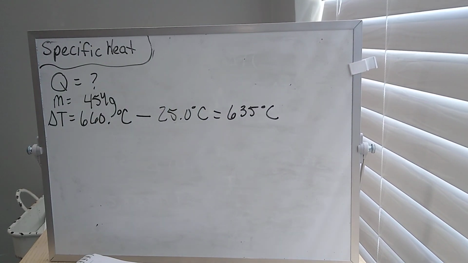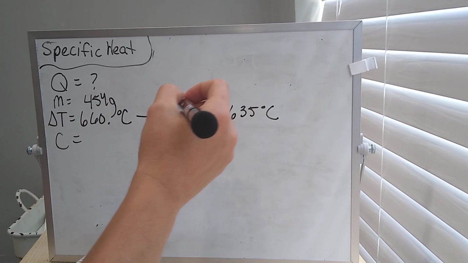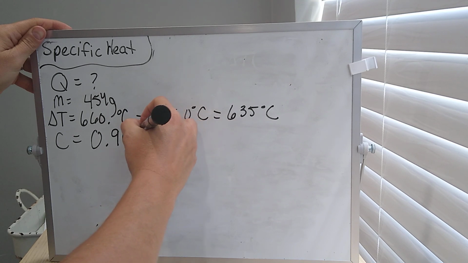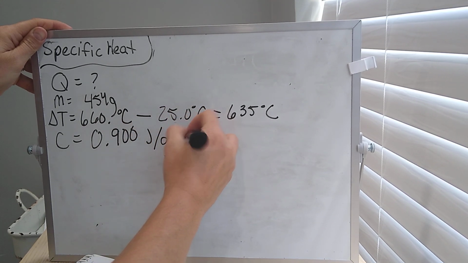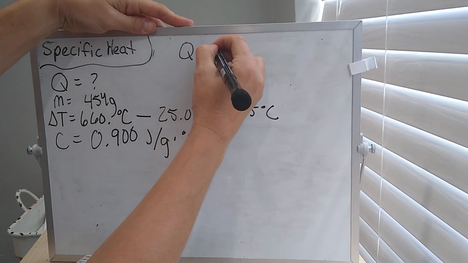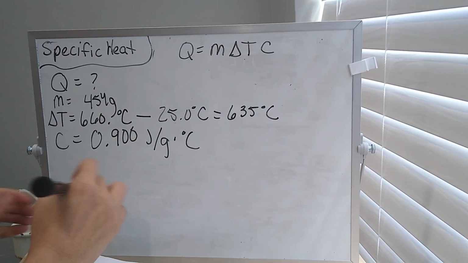And it tells us also that the specific heat of aluminum is 0.900 joules per grams times degrees Celsius. So now we can plug everything in. If you remember before, we got Q equals, and these are all multiplied together, delta T, specific heat.